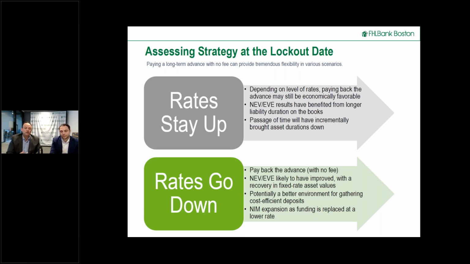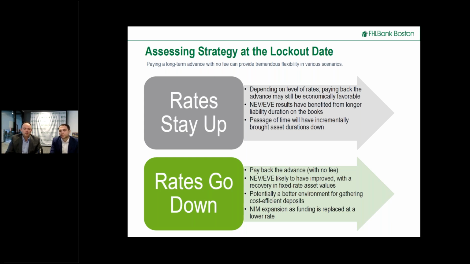You've also had the benefit of the longer liability, right? You've addressed those NEV, EVE issues for that period. But most importantly, most impactfully, is if rates go down. So a couple things are going to happen. You're absolutely going to want to prepay the advance because we're going to be in a lower rate environment, and you'll gladly trade back the $5.99 and find something else in its place.